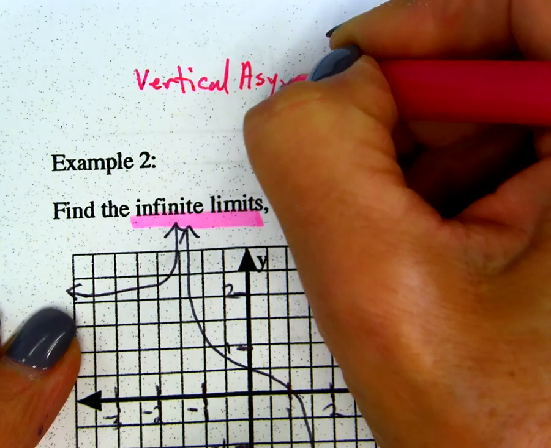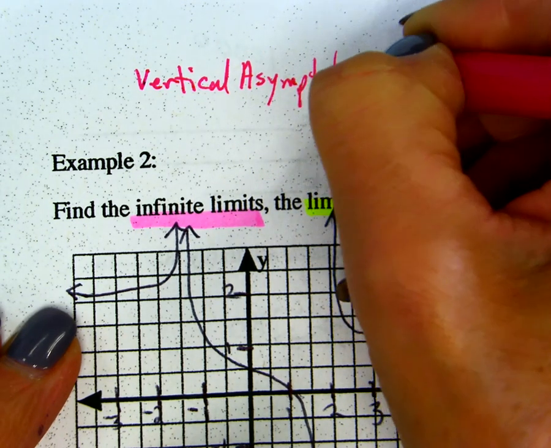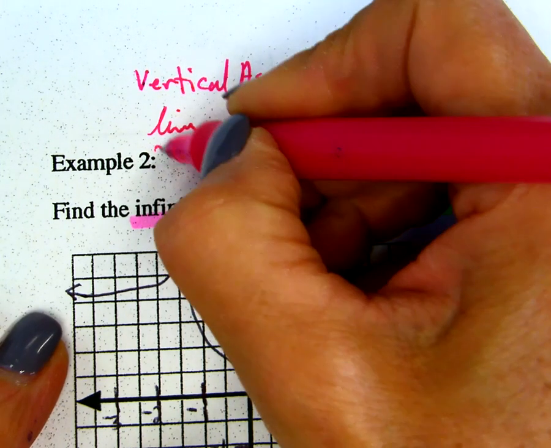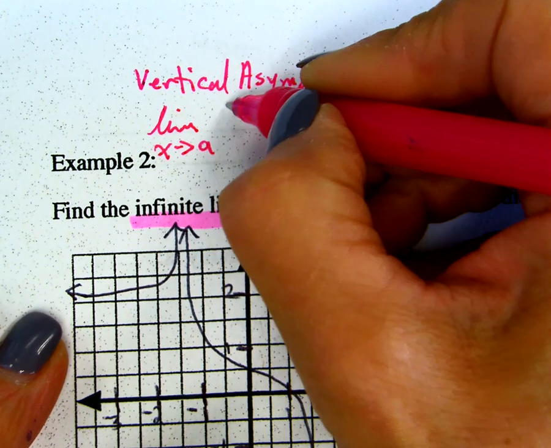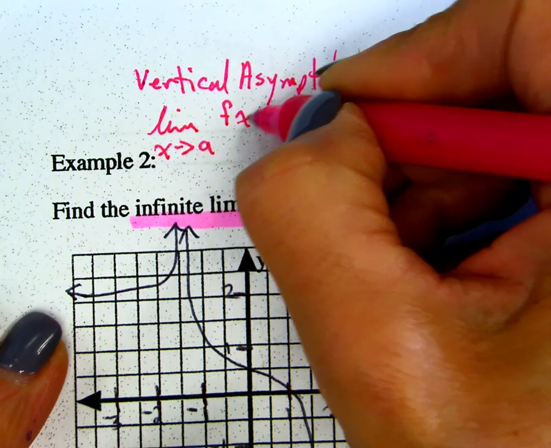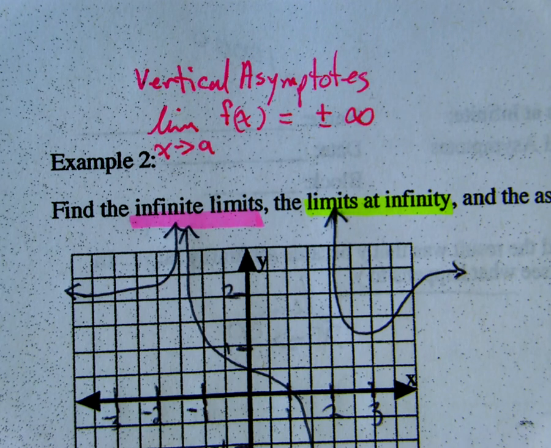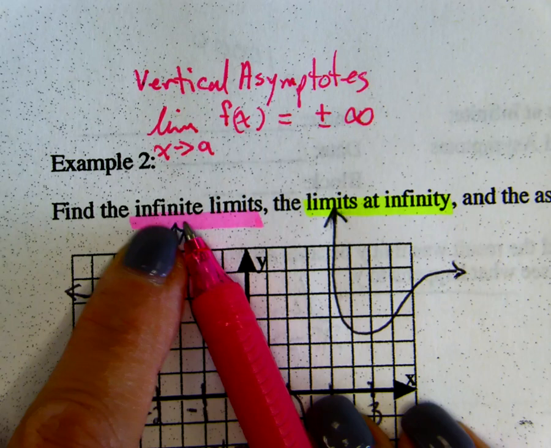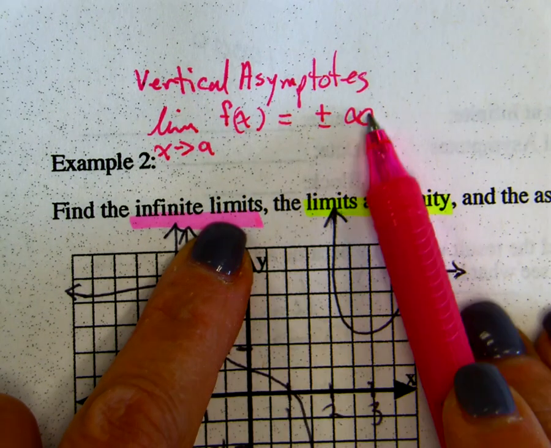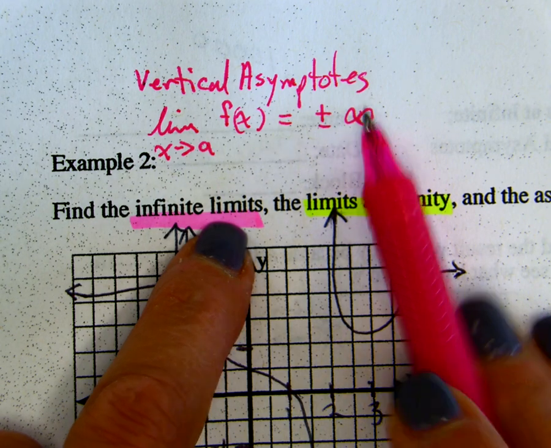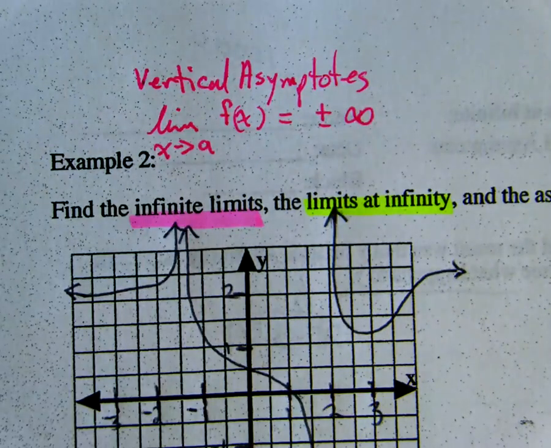So let's make a note of vertical asymptotes. When you look at the limit as x approaches a value for a function and you get positive or negative infinity, okay, the limit to a point gives you infinity, we call that an infinite limit.